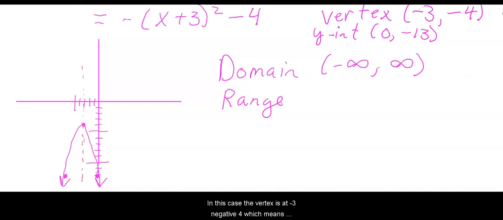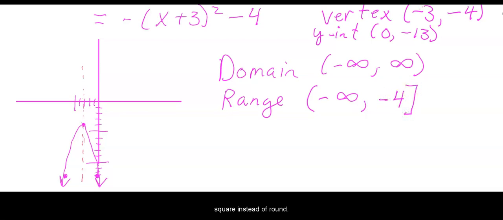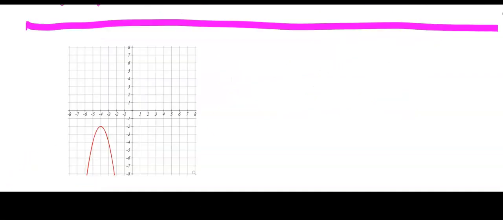In this case, the vertex is at -3, -4, which means -4 is the biggest y value that's ever used, but it does use all the values below that. The big values go on the right, small values on the left. That means the range is from -infinity up to -4 and including -4, so we make it square instead of round. Let's look at another problem.